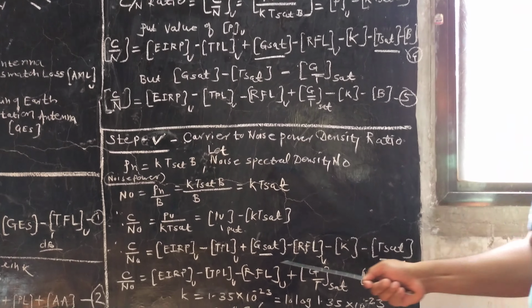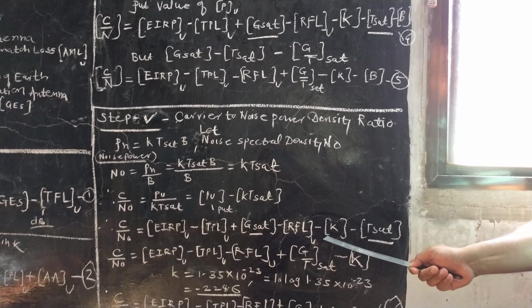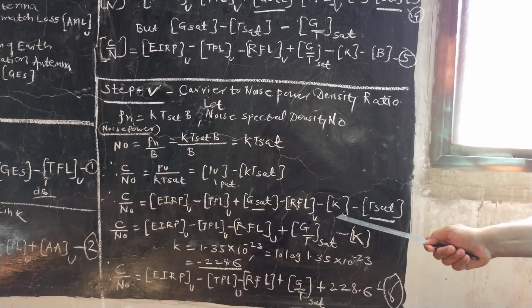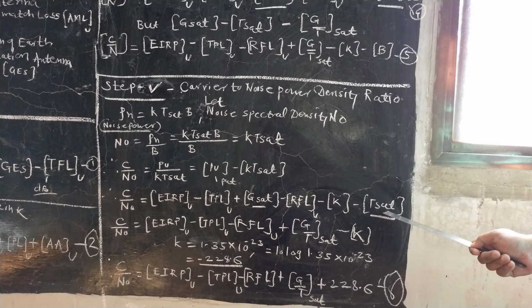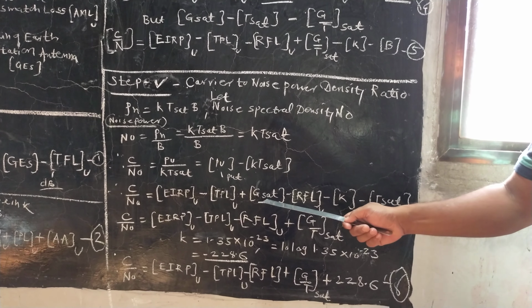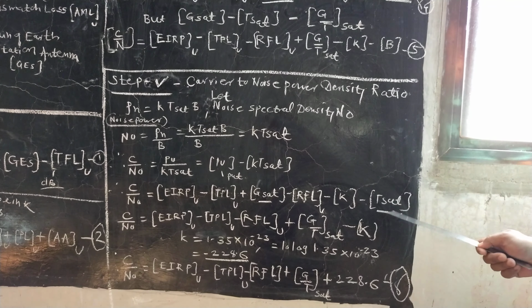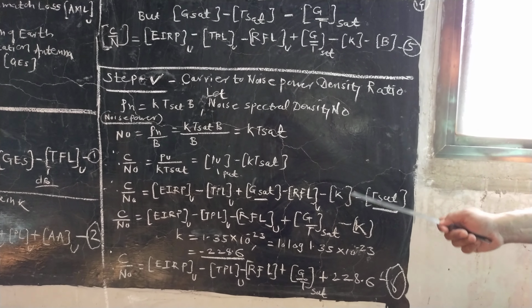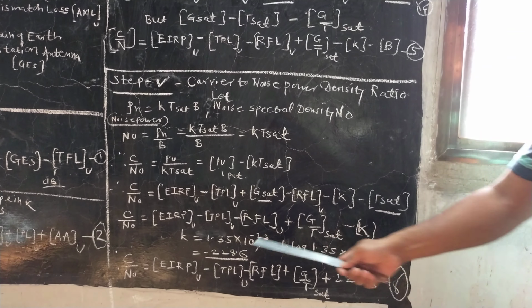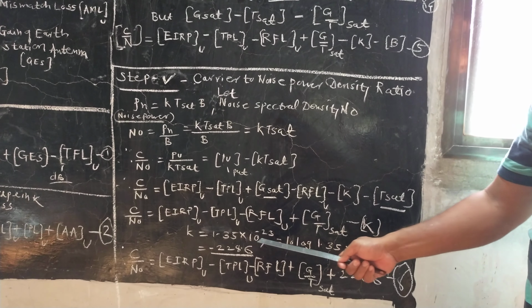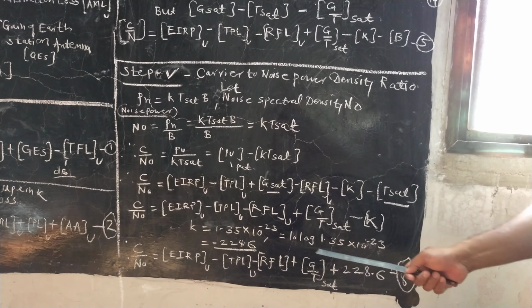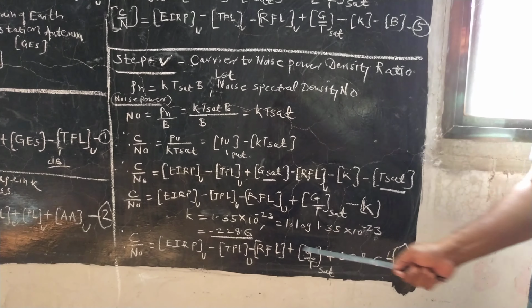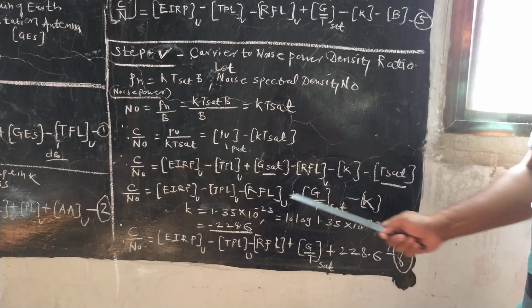Fill up the whole equation, we will get this equation, and again the K T sat term is here denoted as K minus T sat. Again here two terms G sat minus T sat, denote it as G by T, and fill up the value of K, that is K is the Boltzmann constant, 1.38 into 10 raised to minus 23, and if we calculate we will get minus 228.6, and fill up that value in this equation.